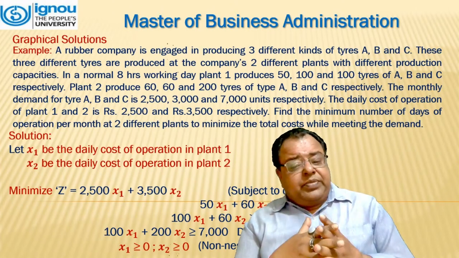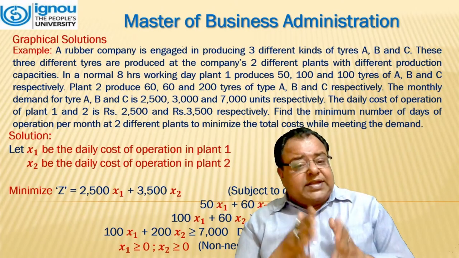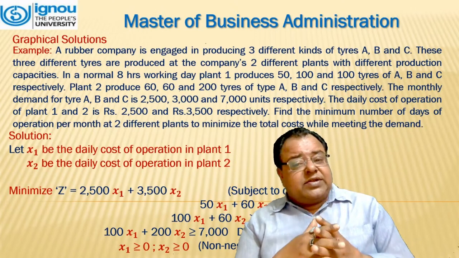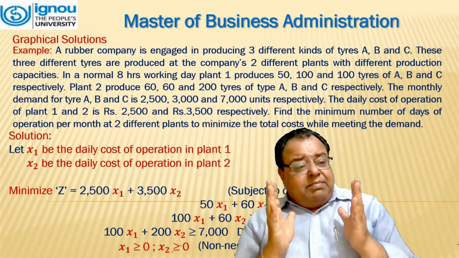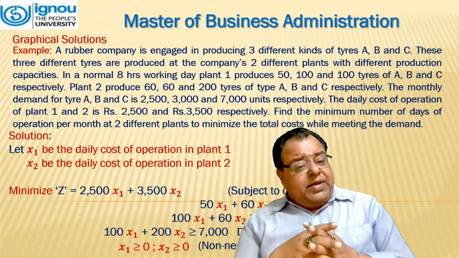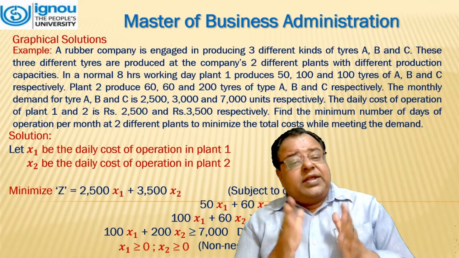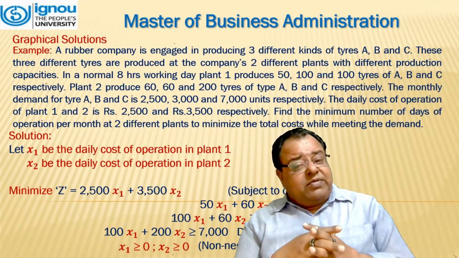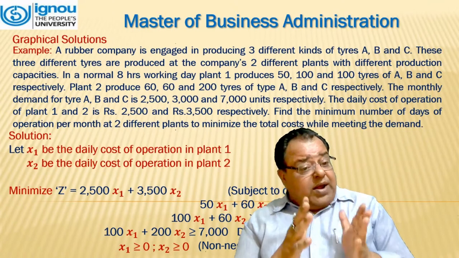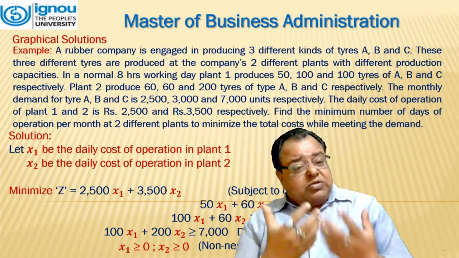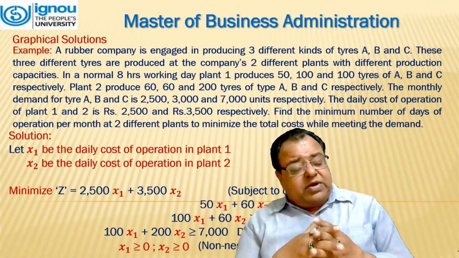And similarly, plant 2 makes 60, 60, and 200 tires of type A, B, and C respectively. The monthly demand of tires A, B, and C is 2,500, 3,000, and 7,000 units respectively. And the daily cost of operation of plant 1 and 2 is rupees 2,500 and rupees 3,500 respectively.